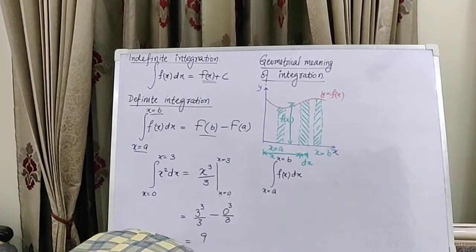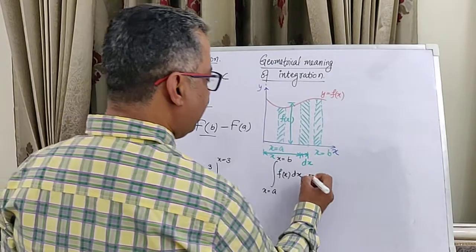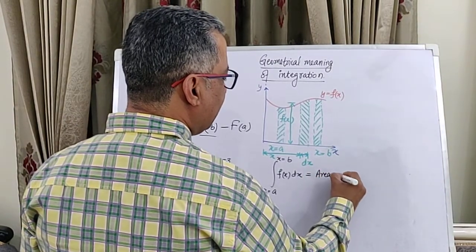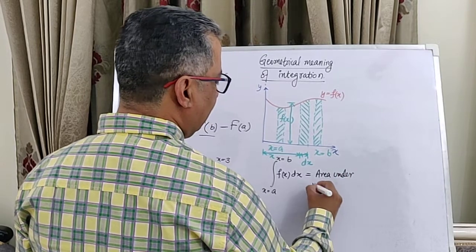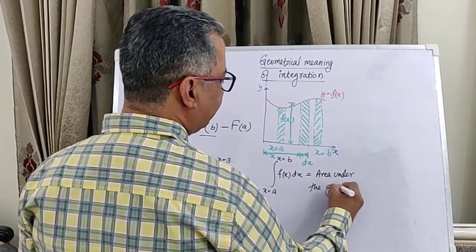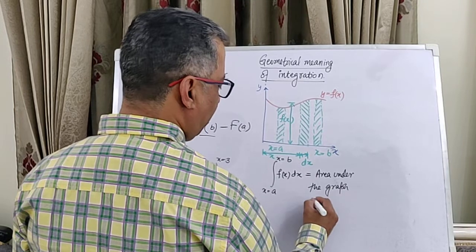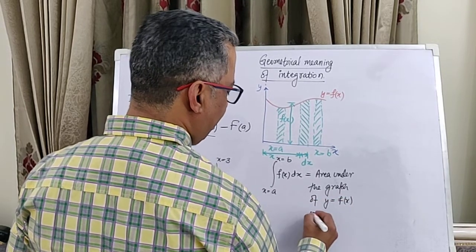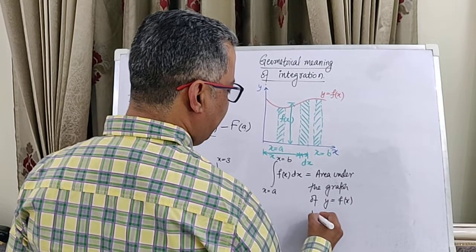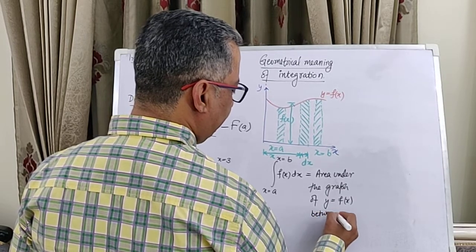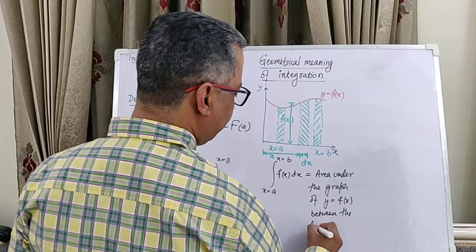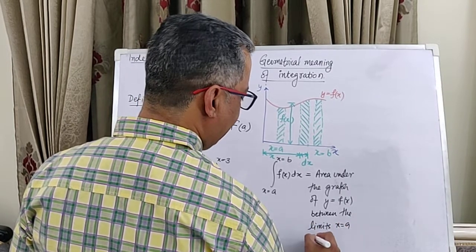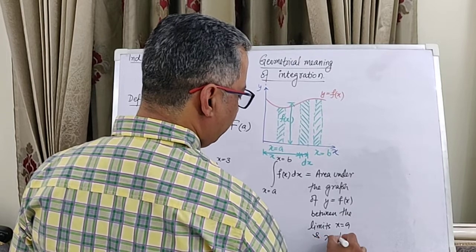So geometrically this equals the area under the graph of y equal to f(x) between the limits x equal to a and x equal to b.